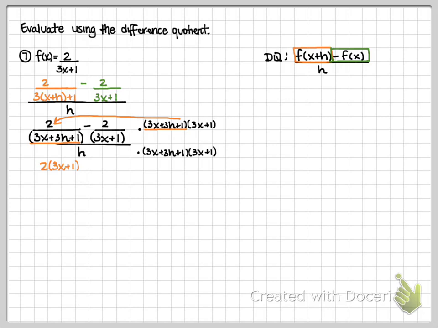Then I can go ahead and do the exact same thing for the next one. I'm going to distribute this as well to this one. Notice that the 3x plus 1 and the 3x plus 1 cancel. So now I have minus 2, the numerator, times the denominator it didn't have in the first place.